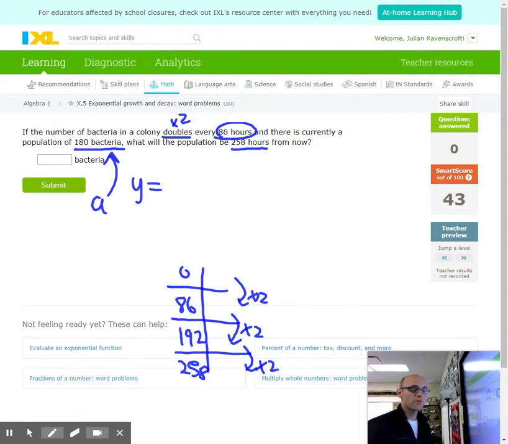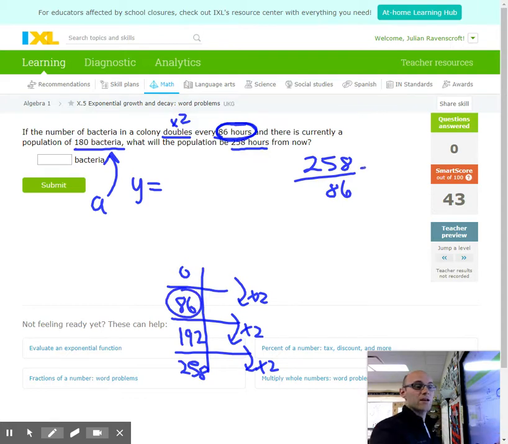Now, if you look at the formula for this, it's going to be a little confusing because the explanations say that you need to figure out how much it's going to double by taking the time that it takes to double, and then you're going to divide it by the other number, 258. But let that make sense to you why you're doing that. You're just saying, how many times does 86 fit into 258?